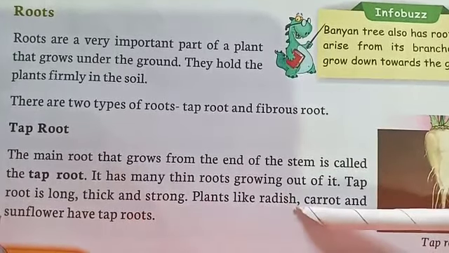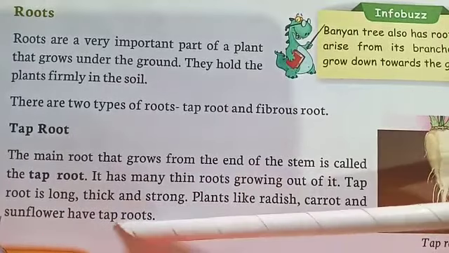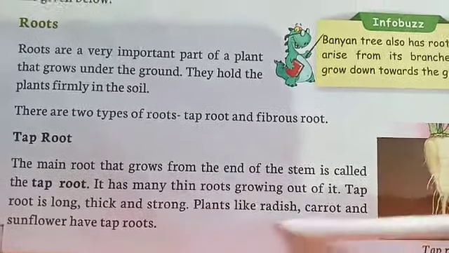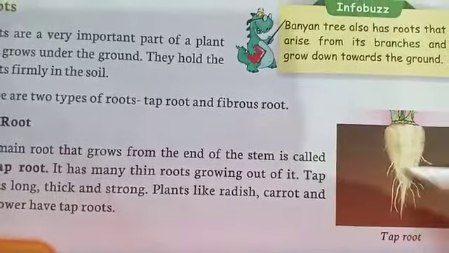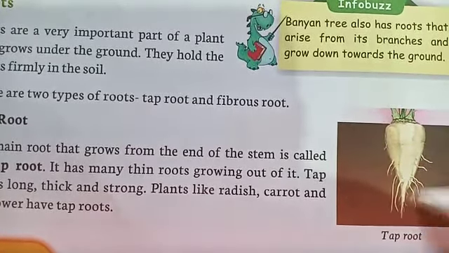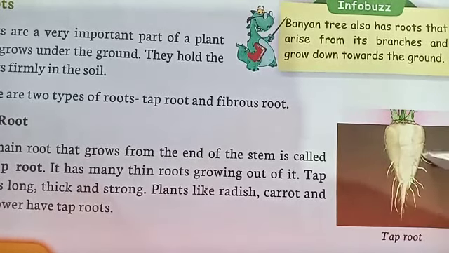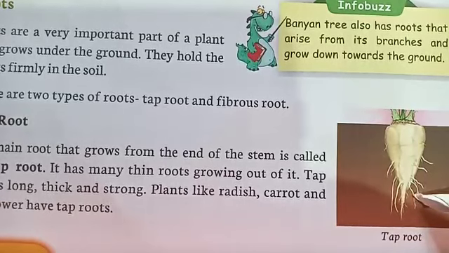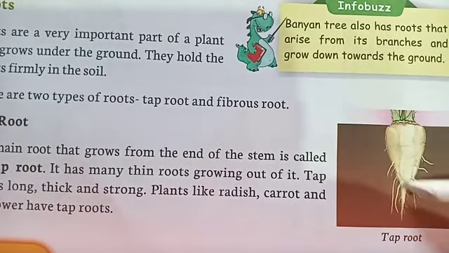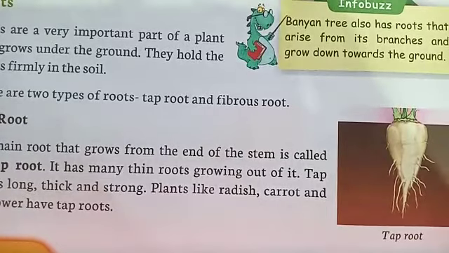Plants like radish, carrot and sunflower have taproots. You can see in the picture, this is a radish and it is a taproot. A long, thick and strong root is called a taproot.